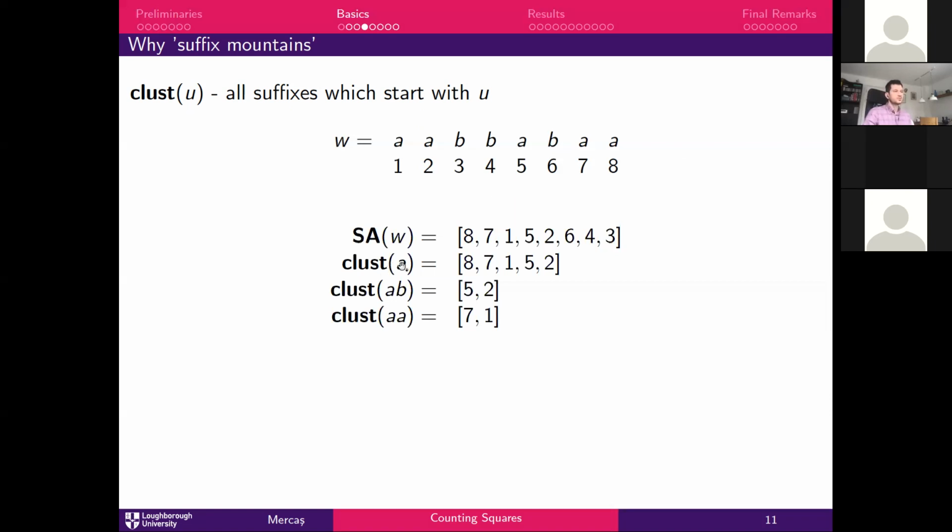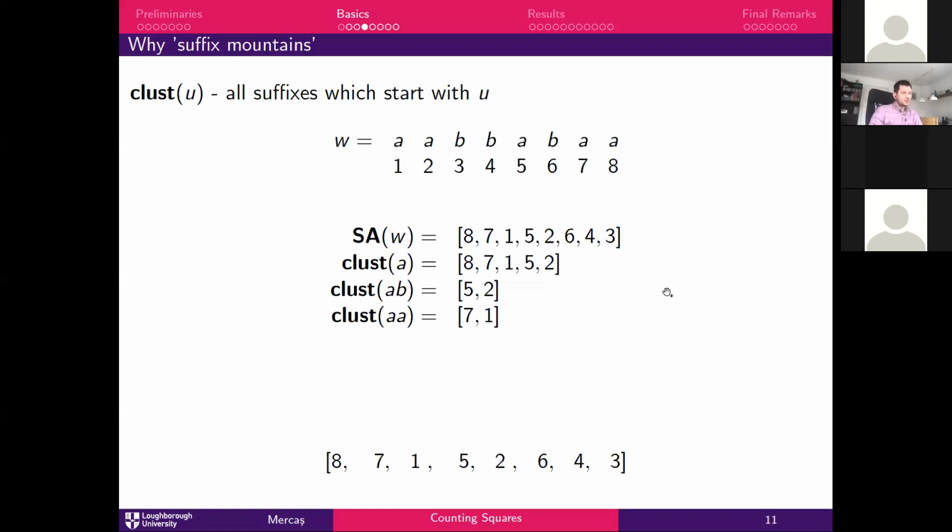For example, for the square AA, sorry, here it is not about squares, so it doesn't matter. It works also for squares. So I can look at the occurrences of A in the word, arranged lexicographically, the occurrences of AB and the occurrences of AA. So, suffixes starting with A, suffixes starting with AB, and suffixes starting with AA.